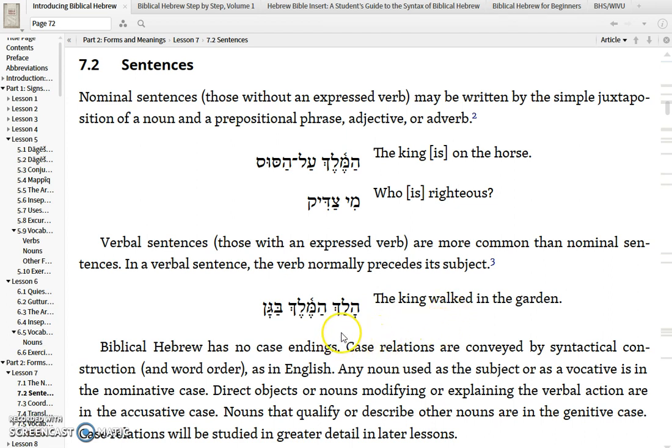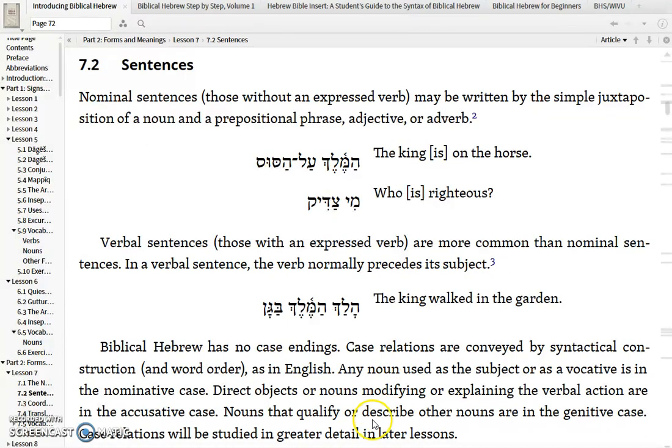You would rather say walked the king. Halak hamelech bagan. The king walked the king in the garden. But you would translate it to make it in good English. The king walked in the garden.